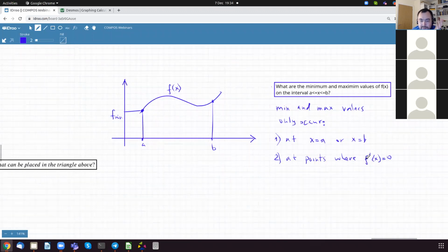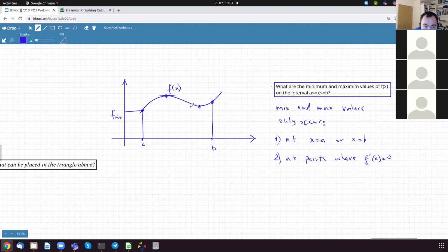This is a theorem of maximum value of a function on an interval, but the idea is that the maximum value, you can see it's here. This is the maximum value. This is a local minimum. So locally it's a minimum, but it's not the minimum. And these are the points where the derivative is 0.